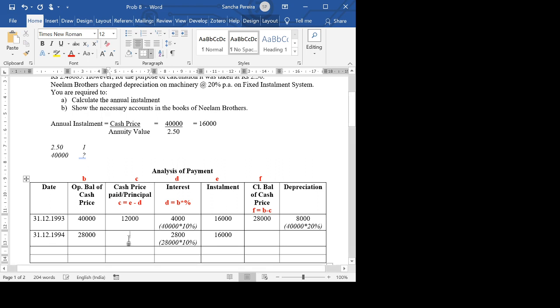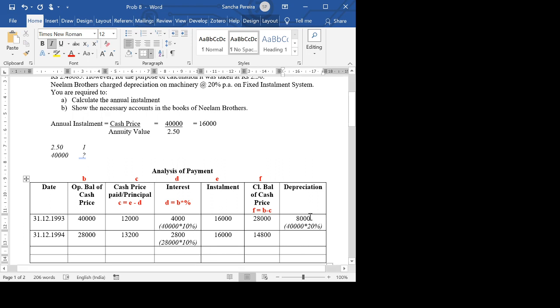So 16,000 minus 2,800 will be 13,200. Okay. 28,000 minus 13,200 will be 14,800.